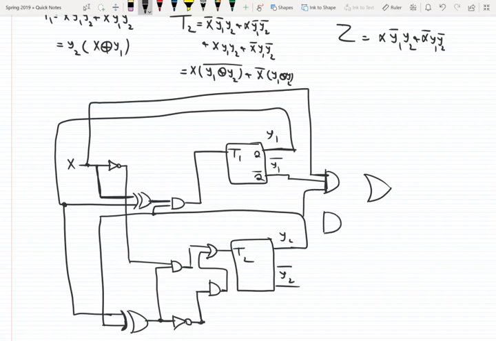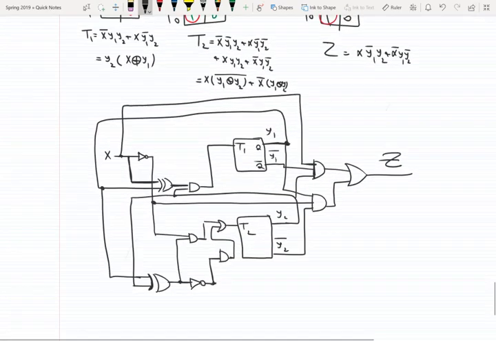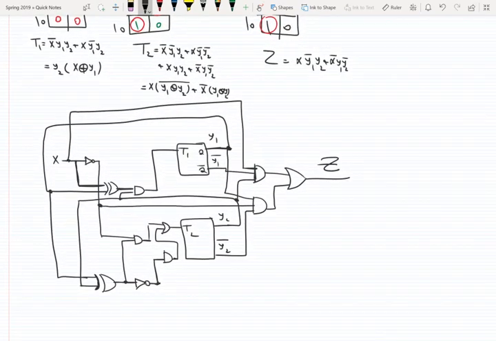The other signal is X bar, Y1, Y2 bar. These two go to an OR gate, and this one is the Z. This one is the entire circuit.